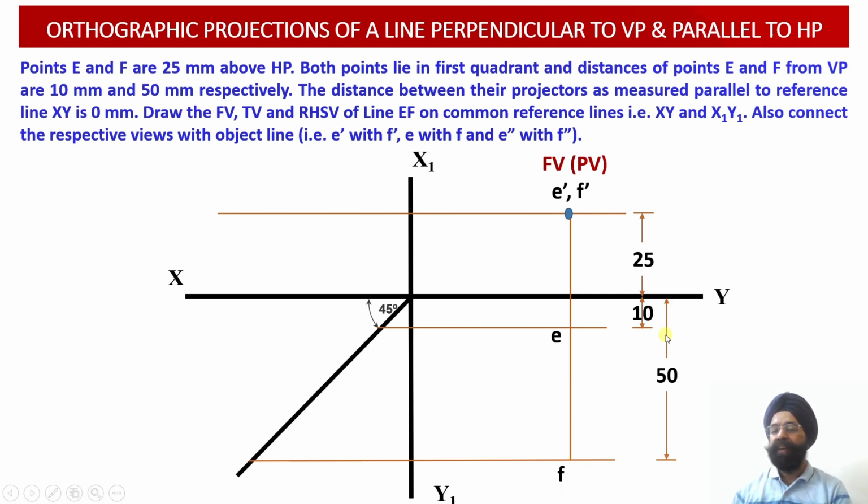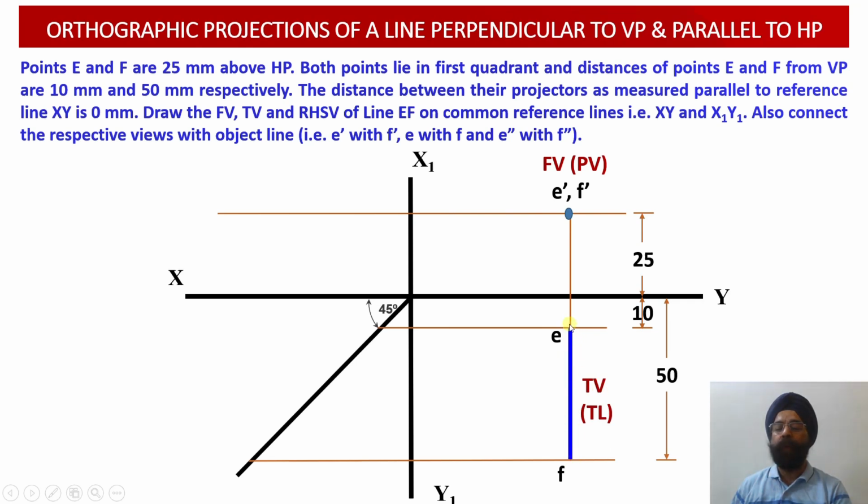You can check, we have marked this distance of 50 millimeter from the vertical plane corresponding to the point F. So now point E has been obtained in the top view projections, and point F has been obtained in the top view projections. So we can join points E and F, and this construction of the line EF will provide us with the true length projection of this line EF in the top view.